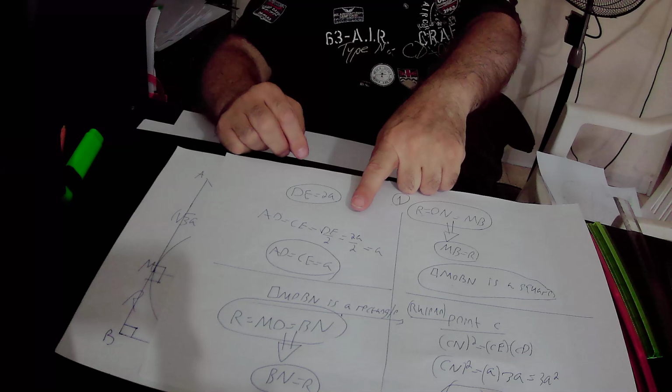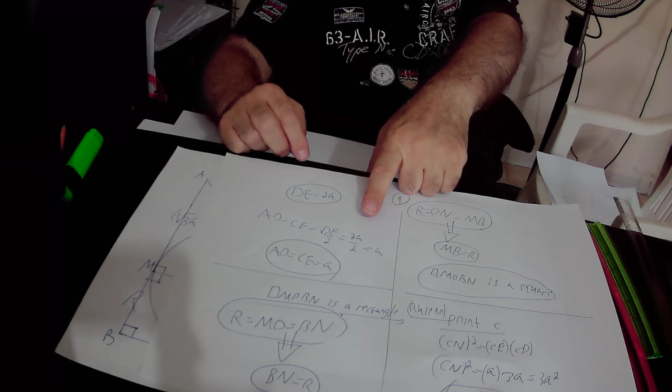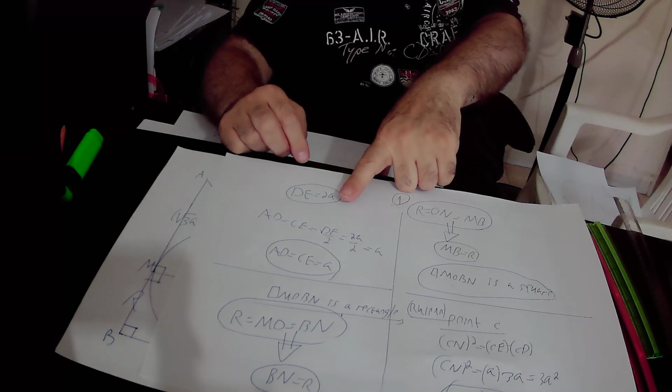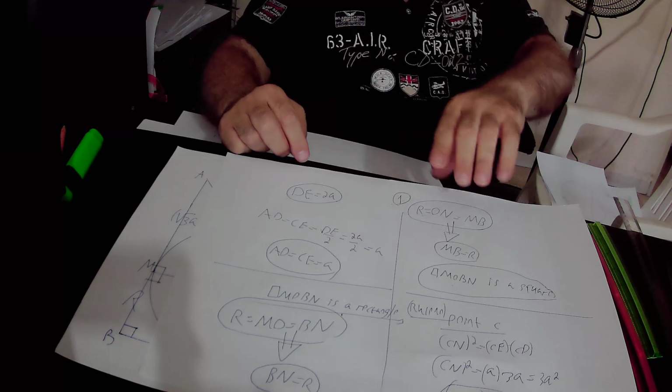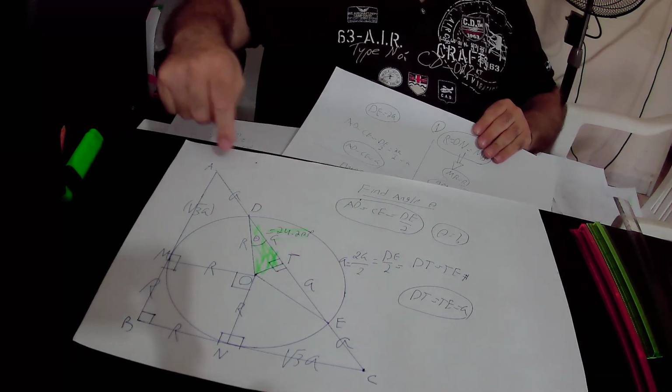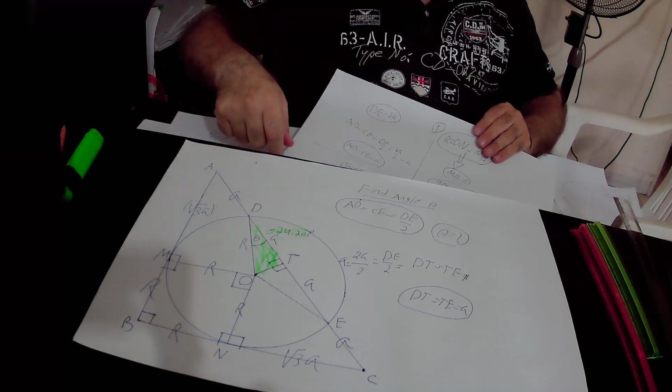So DE over 2 is 2A over 2. 2 over 2 is 1. So we found that AD equals CE equals A. So we can write here that AE equals A and AD equals A also.